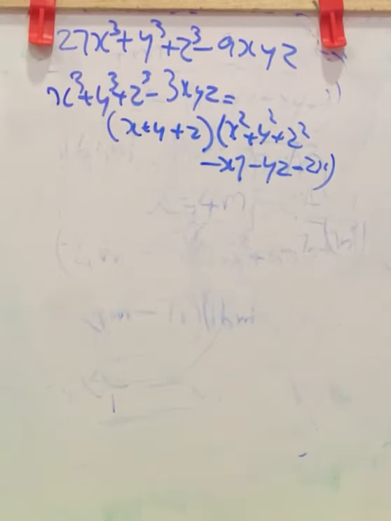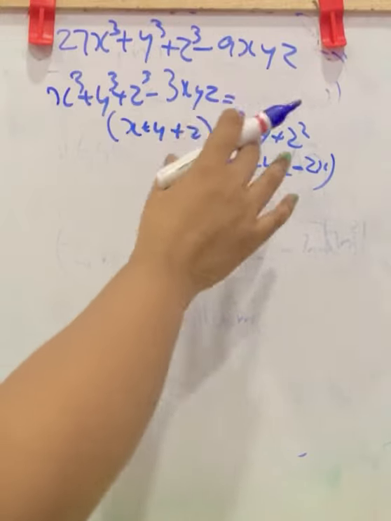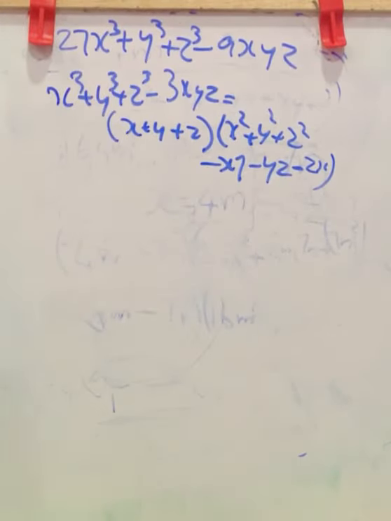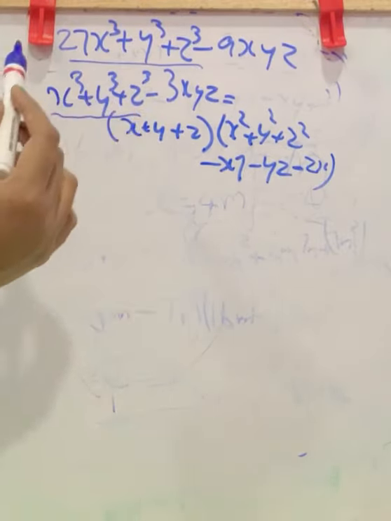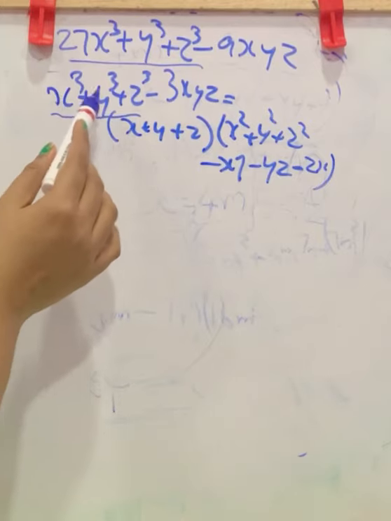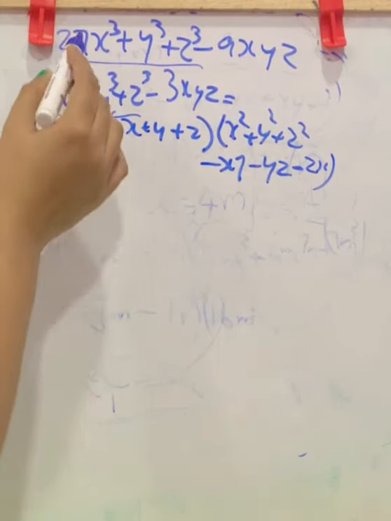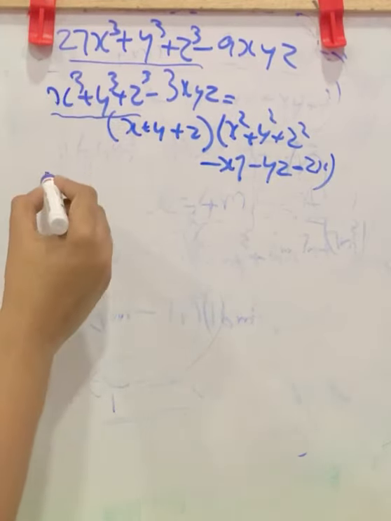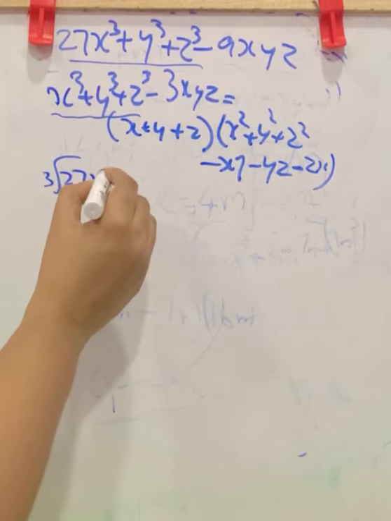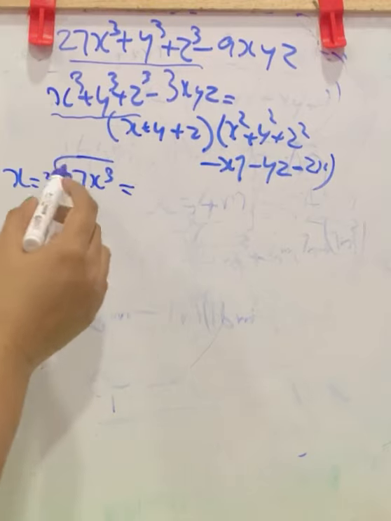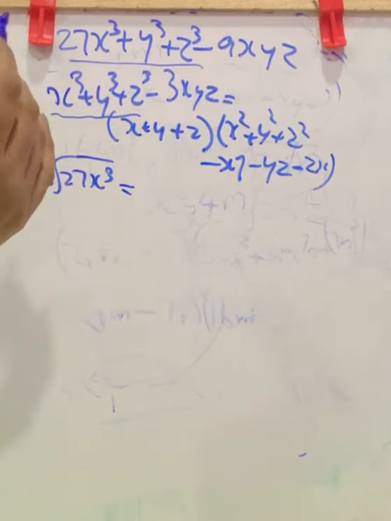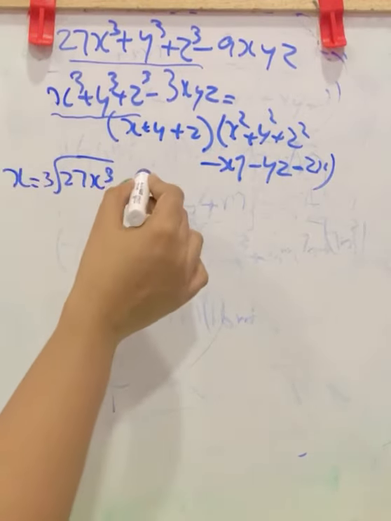This is an identity, we have already learned it. Now to factorize like this, you want to know what is x, what is y and what is z. That is, first three terms of this we can take the cube root and find x, y and z. That is 27x cube. Cube root of 27x cube will be x. That is equal to 27. We already took the cube root of 27 and found 3.